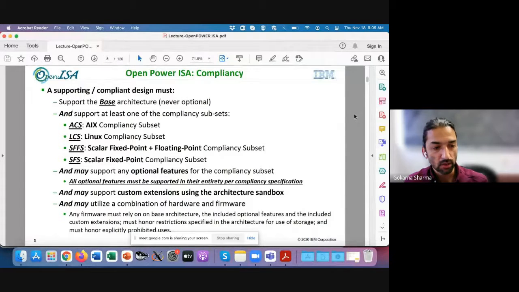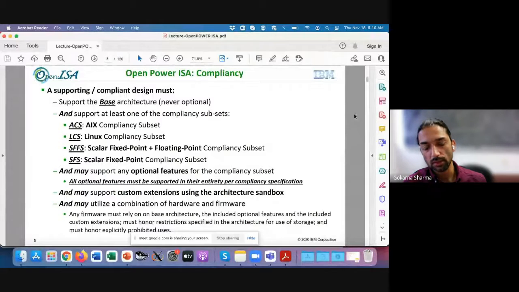Any firmware must rely on the base architecture, and the included optional features and included custom extensions must honor restrictions specified in the architecture for use of storage, and must honor explicitly prohibited uses. So any firmware that you design has to support the base architecture, and you can have optional features as well. And the firmware has to honor some of the restrictions that are imposed.